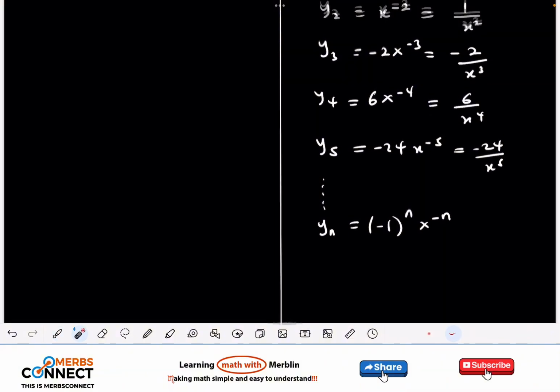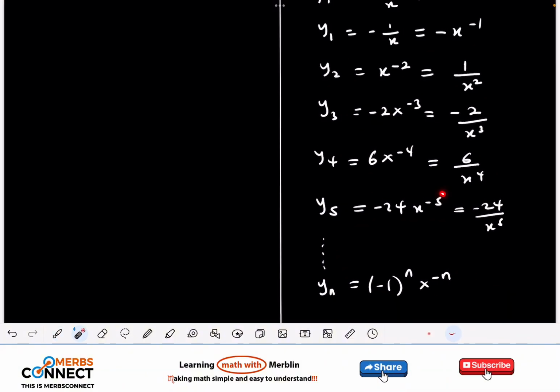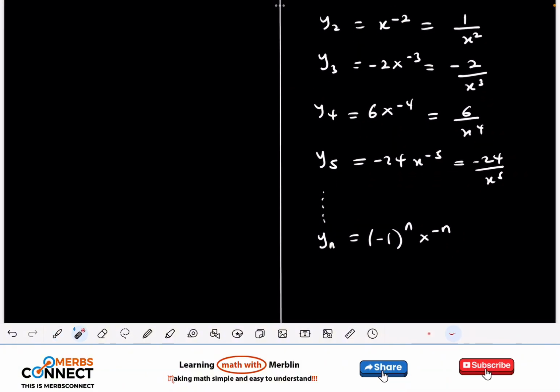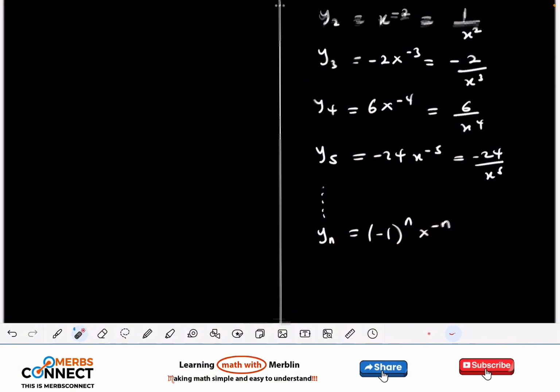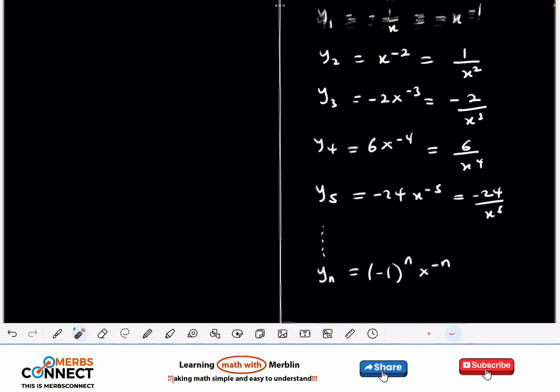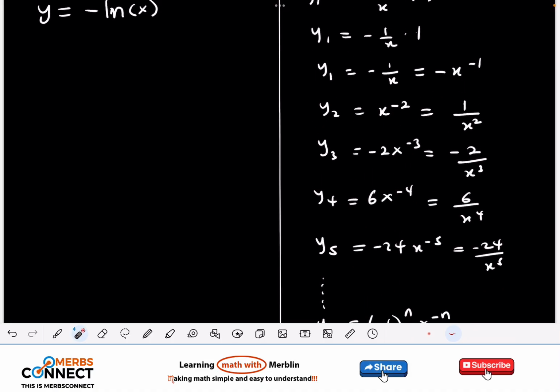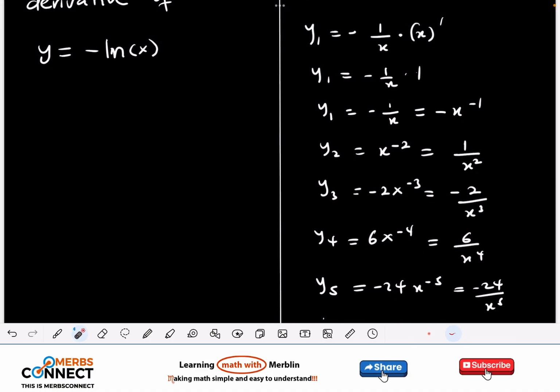That's what we are going to have. If I'm using this one, then I need to divide it by x to the power n, but it's the same as writing it this way. So this is 5, this is minus 5. This is 4, this is minus 4. So this one is n, this should be minus n. Or I can delete this one and divide it by x to the power n, which is also the same thing. So we have taken care of the minus sign, but we can see something here too as well.